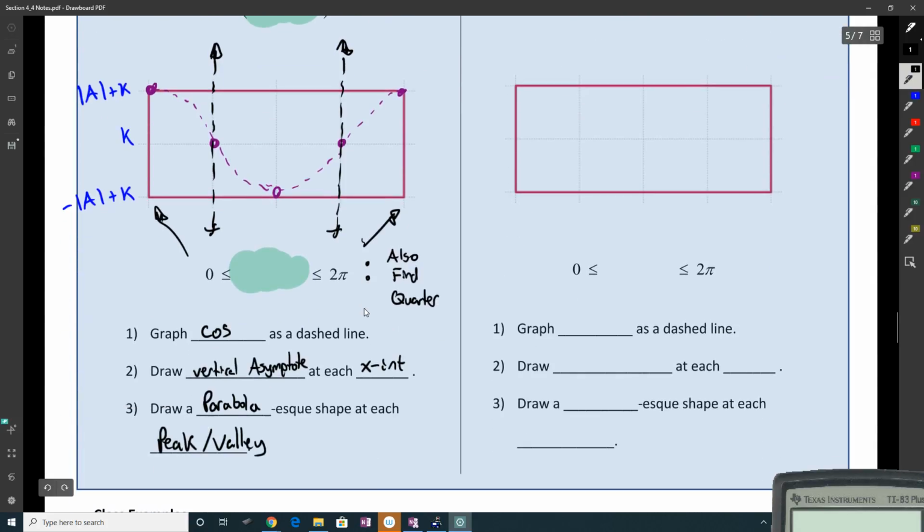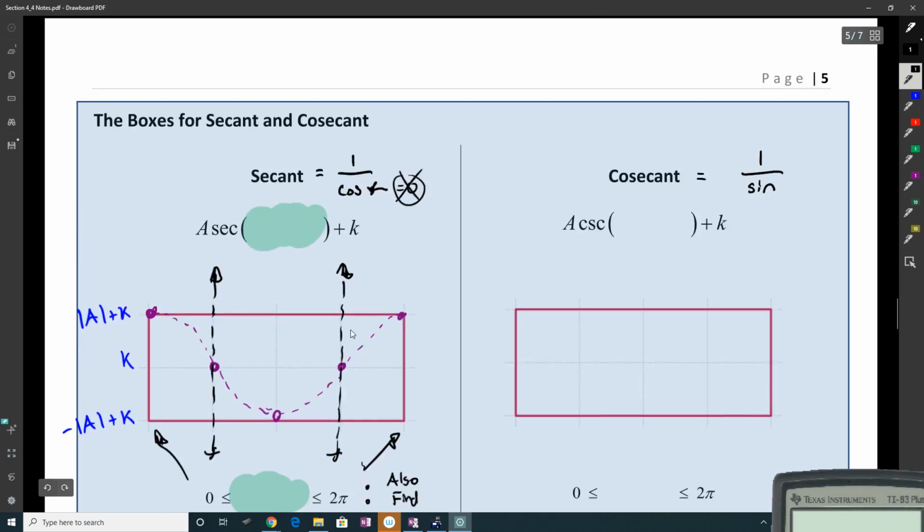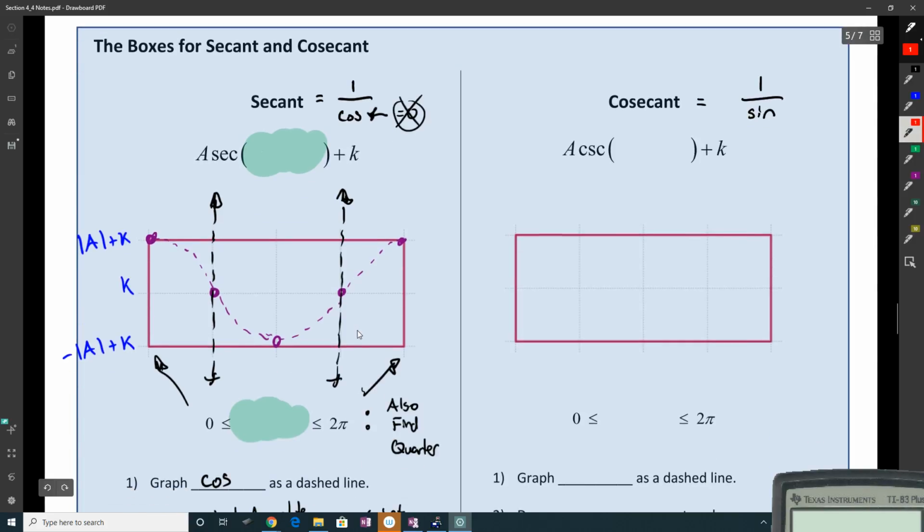Now at each peak or valley, we're going to draw a parabola shape. So here in the middle, notice there's a valley. I'm going to draw a fat parabola. On the other side, the same thing.